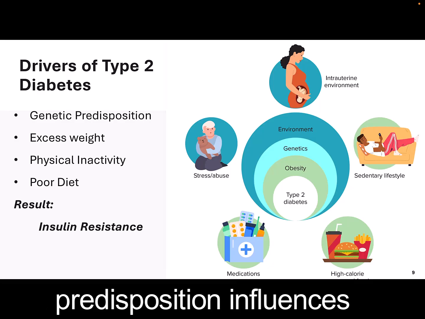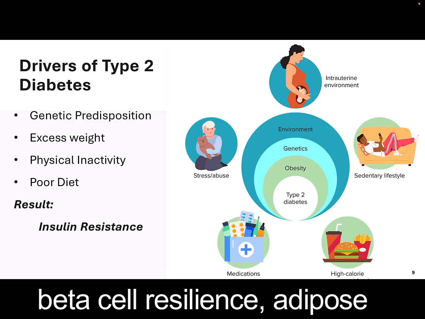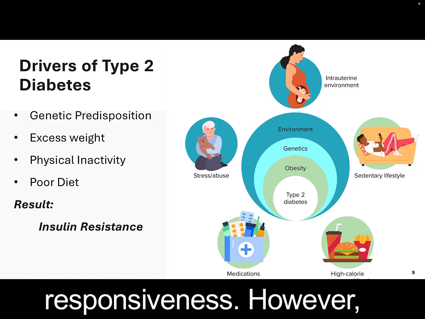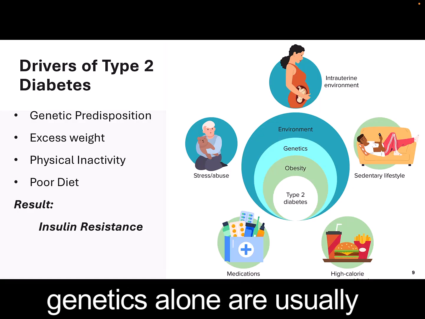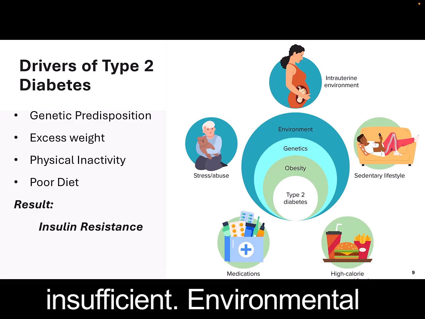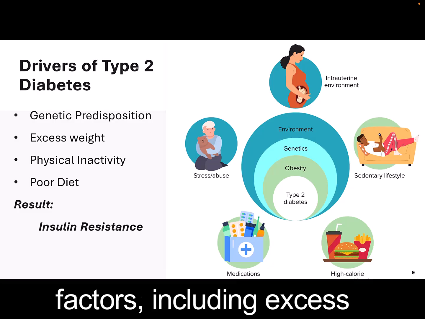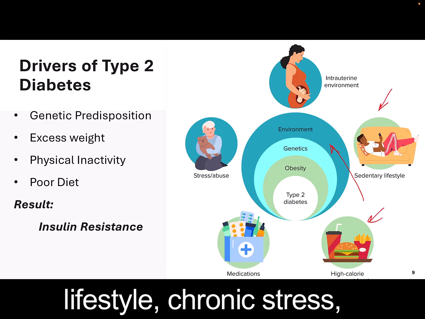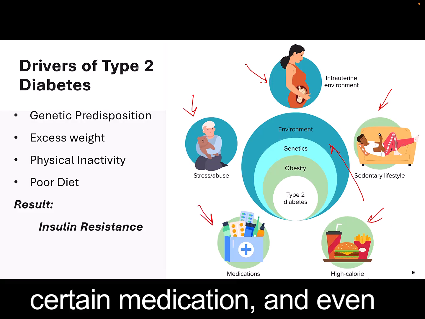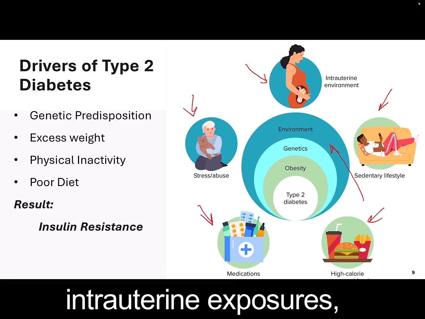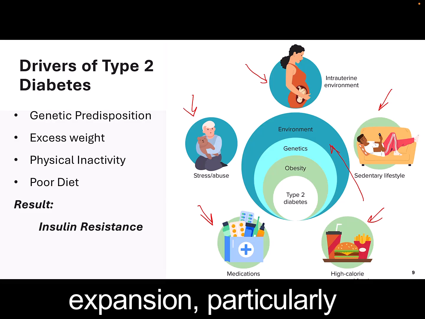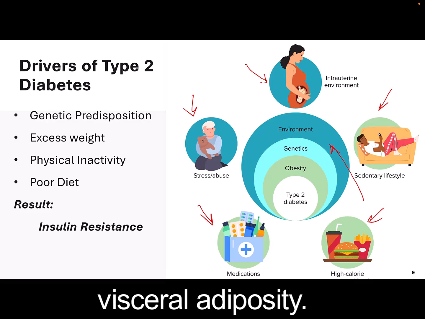Genetic predisposition influences beta cell resilience, adipose tissue distribution, and inflammatory responsiveness. However, genetics alone are usually insufficient. Environmental factors, including excess caloric intake, a sedentary lifestyle, chronic stress, certain medications, and even intrauterine exposures, promote adipose tissue expansion, particularly visceral adiposity.